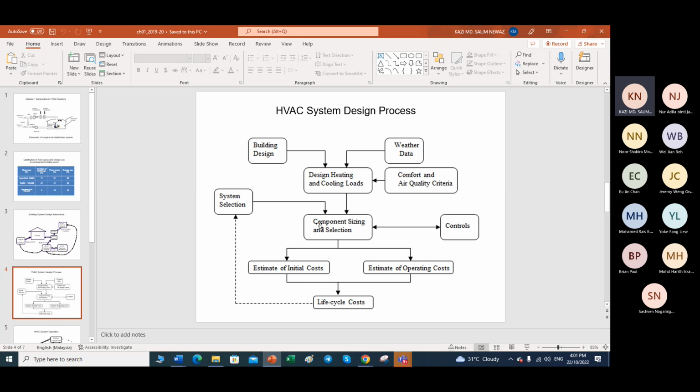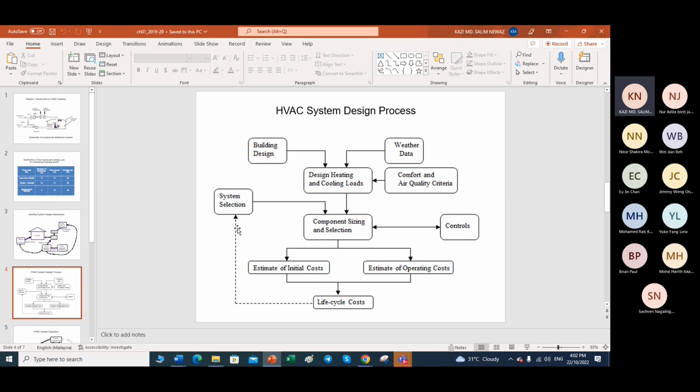That is where it will be, what size will be there, and then next come the control systems. So in this system selection, first we need to do the refrigeration, otherwise the air conditioning cannot be done.